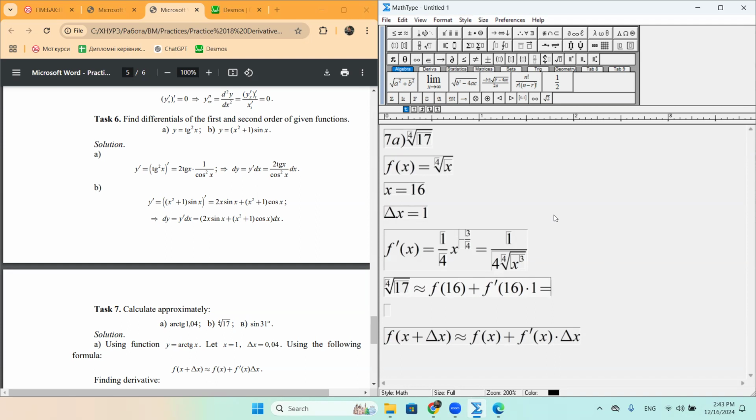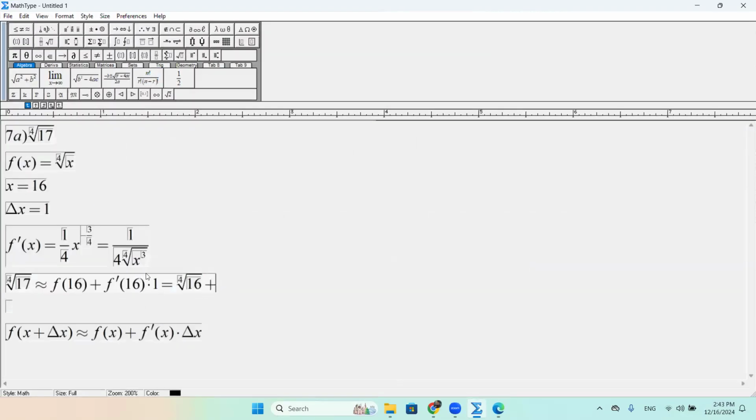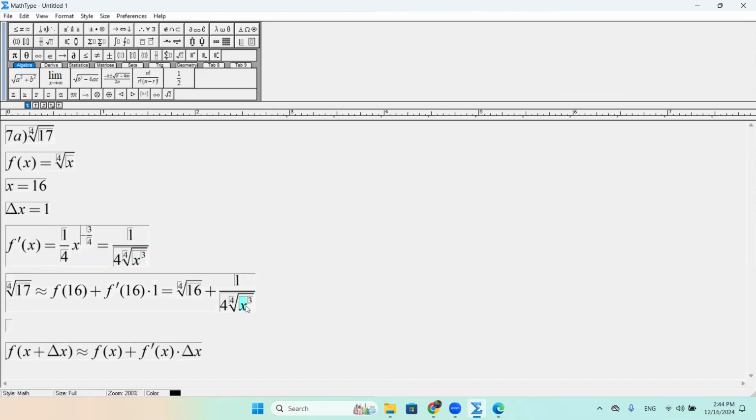So calculating. Let me maximize. Plus this expression, so 16, and basically 1, we will skip it. So this expression equals 2.